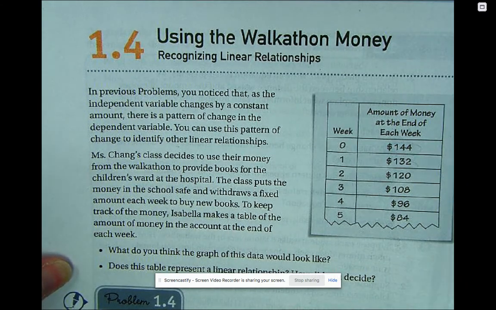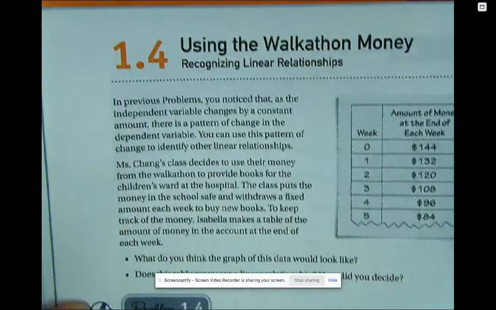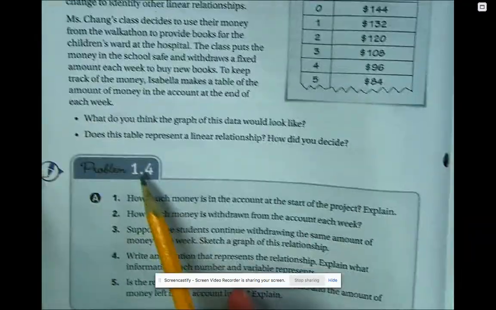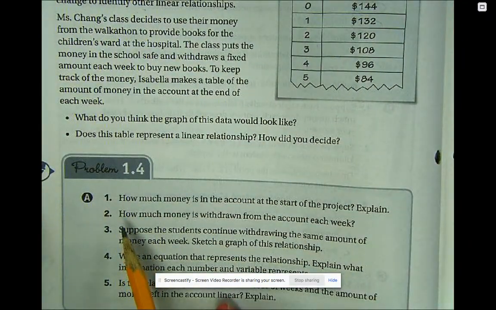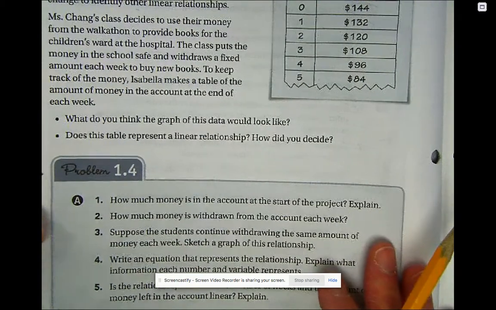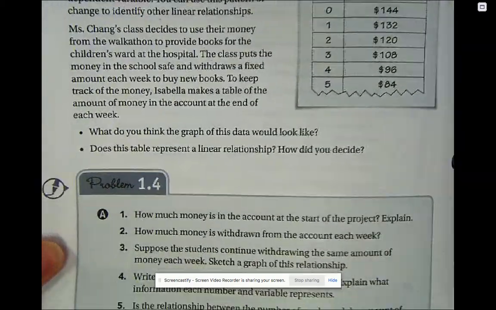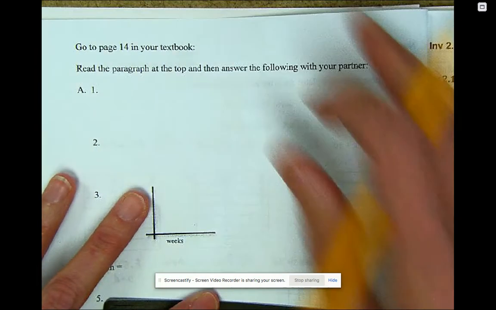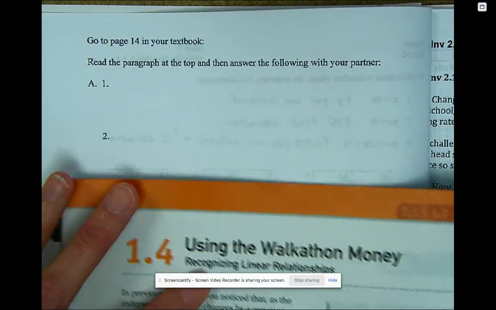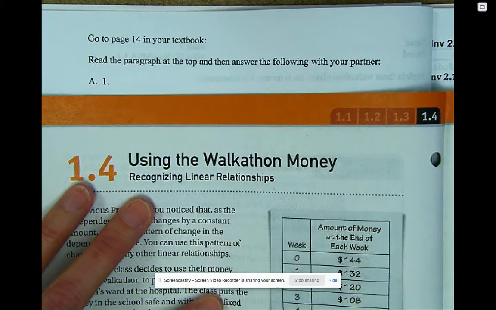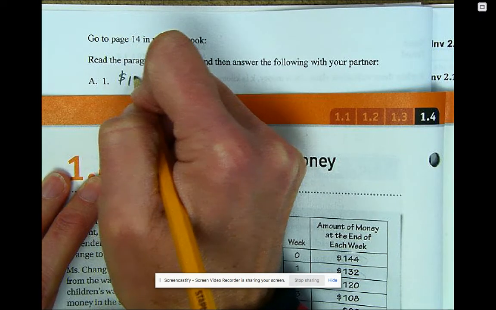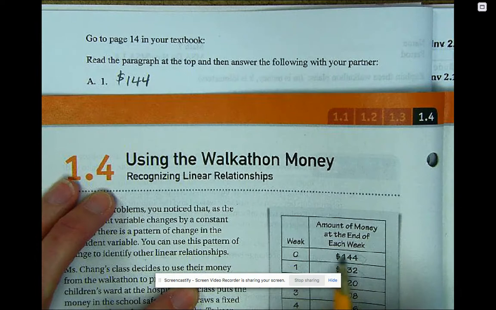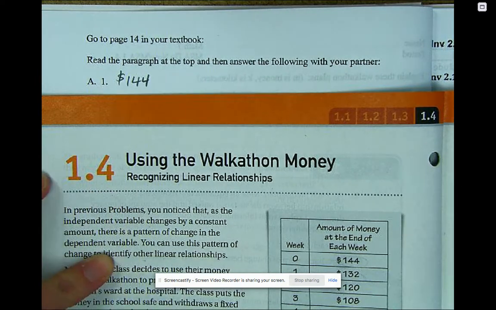So let's take a look at that. Okay, let's see if we can answer the first question. So A says, how much money is in the account at the start of the project? Okay, so let's see, how much money is at the start of the project? Did you say $144? Because if we look at 0, that's how much we're starting with.